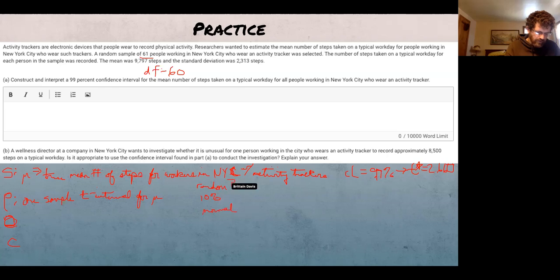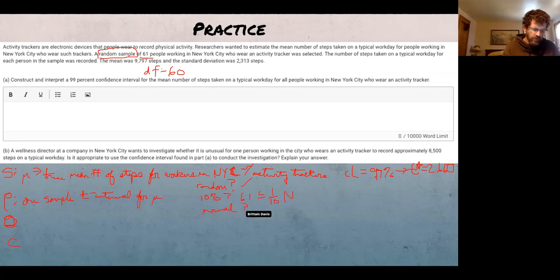So random, it will say random in here somewhere, random sample right there. So yes, it's random. Is it 10%? I think it's fair to say in New York City, 61 people is going to be less than 10% of all the people wearing activity trackers. I bet there's at least 610 people. So yeah, 61 is less than or equal to 1/10 of our population.